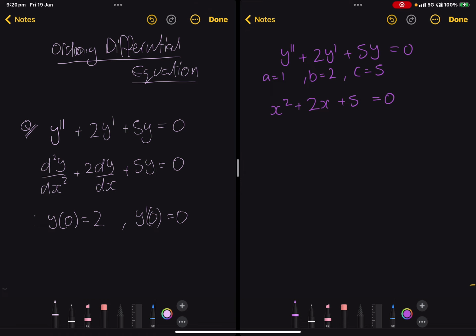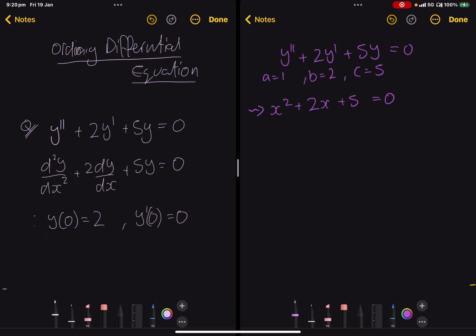So we're just going to solve this quadratic equation. So we could try and factorize this. This looks like it's two numbers that multiply to make 5, add to make 2. It doesn't look like that's going to work very nicely, so we'll use quadratic formula.